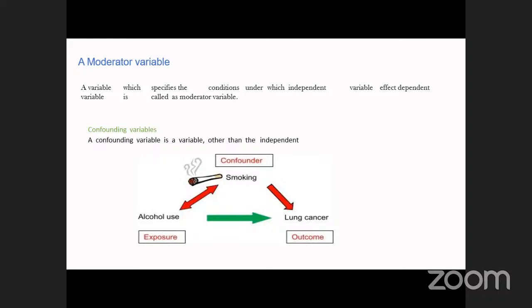This concerning confounders means that this one is usually an assumption by the researcher. It's not only that you're assuming, it's that you need to be aware of their presence, right?